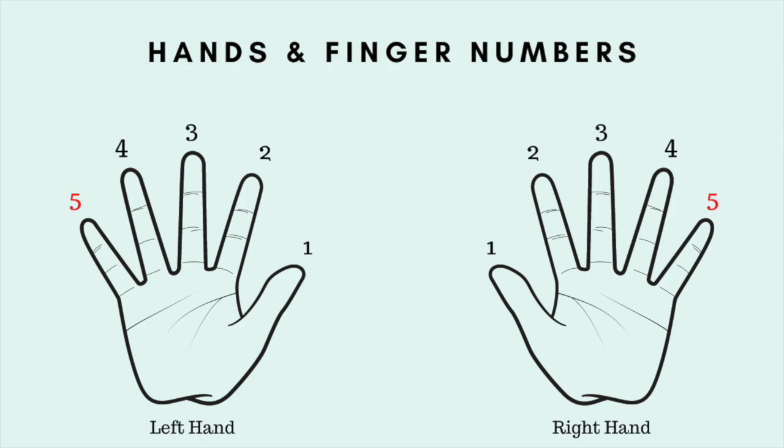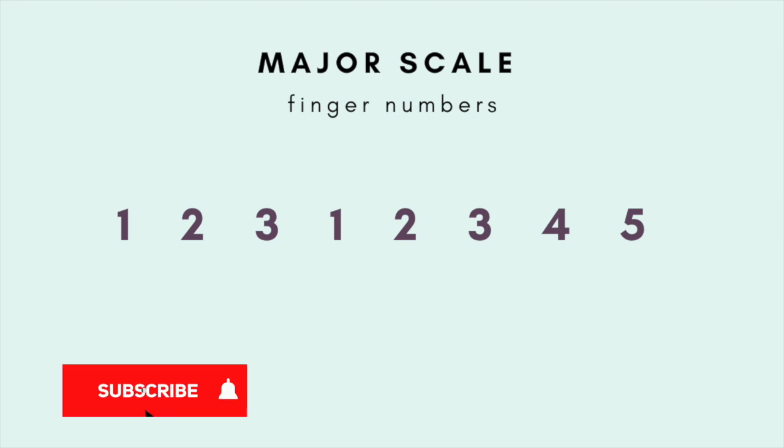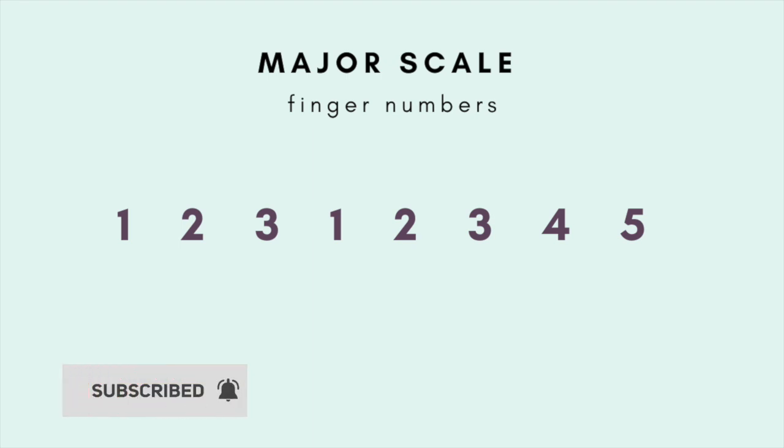When we play our scales, we'll use those finger numbers to help us navigate and play 1 octave and 2 octave scales. For this purpose, we're going to start with 1 octave scales, and we start with finger number 1, then 2, 3, then we go back to 1, 2, 3, 4, 5.